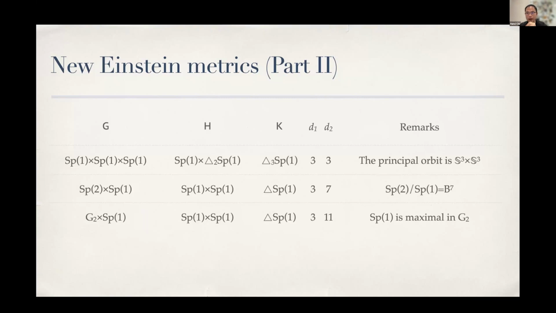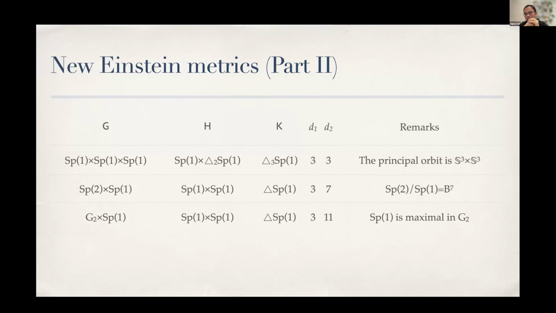Right, and for the other two examples listed here, the base spaces are non-symmetric, strongly isotropically reducible spaces. Okay, so in the last two cases, the second one, SP2 mod SP1, is actually a seven-dimensional Berger space, and for the last space, you need to have the SP1 be the maximal one embedded in G2.